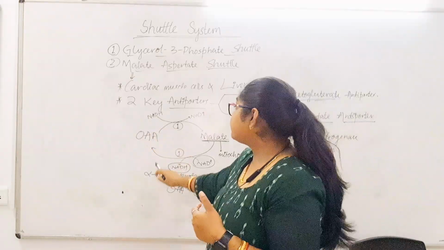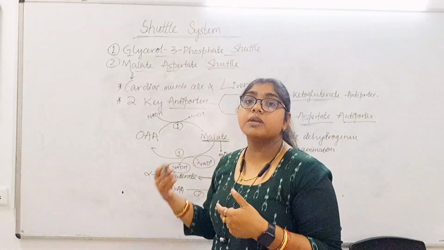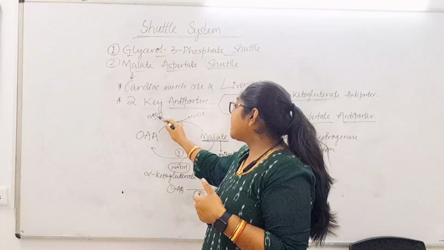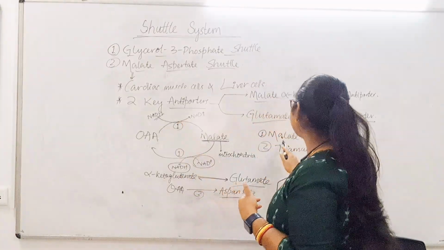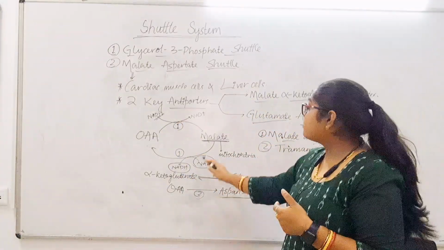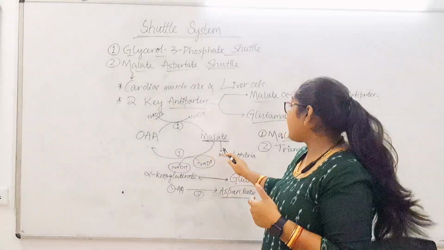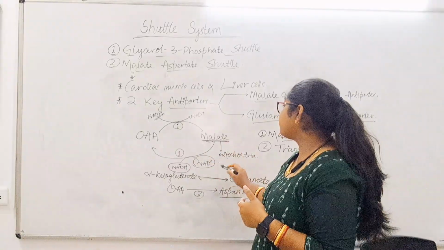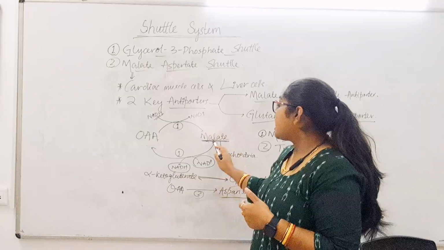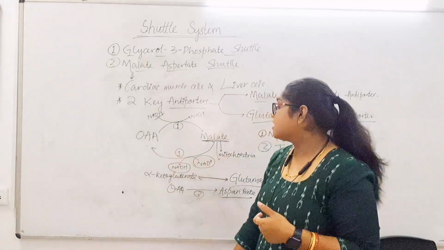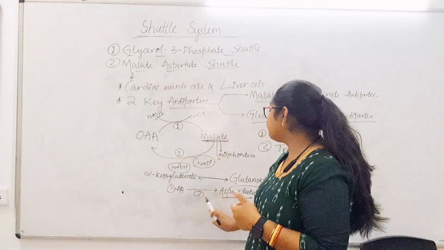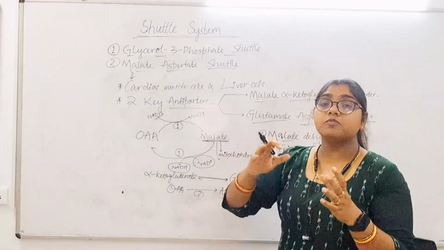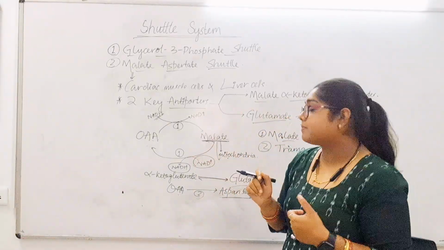So here, oxaloacetate that is abundantly present in the cytosol is combined with NADH with the help of malate dehydrogenase, and converts to malate. Malate enters the mitochondria, and after entering, it releases that NADH and converts to oxaloacetate. Now this oxaloacetate will convert to aspartate in order to move out of the mitochondrial matrix.